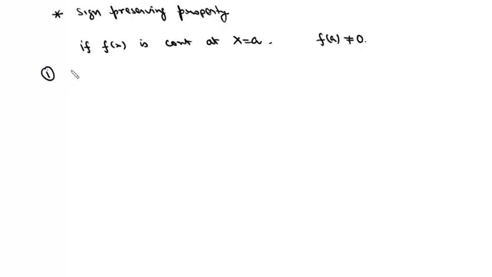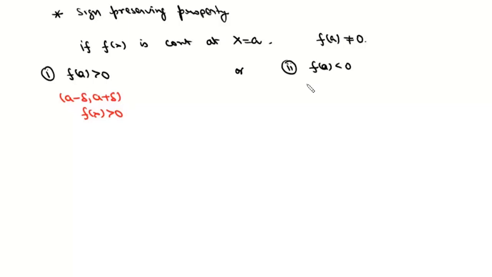Either f(a) will be greater than 0 or f(a) will be less than 0. Then in the neighborhood of a, between a minus delta and a plus delta, this function f(x) will be greater than 0.